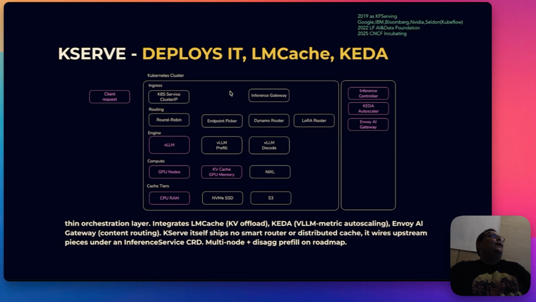They're sending them via some Envoy AI Gateway to the Kubernetes cluster. They have vLLM running as the engine here, and then they technically have GPU nodes and the KV cache available. And because they've been using LMCache for a few months, they can also offload the KV cache to CPU RAM. But that's technically it.